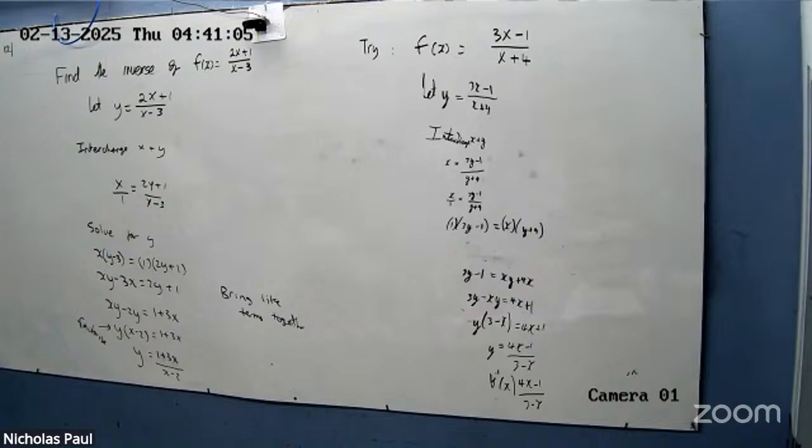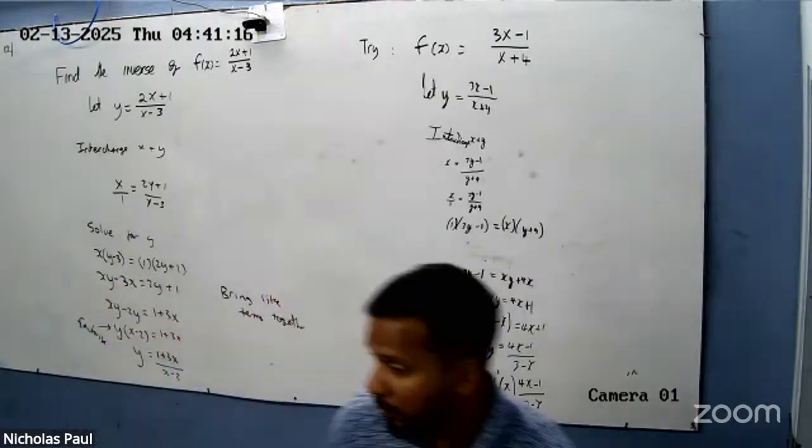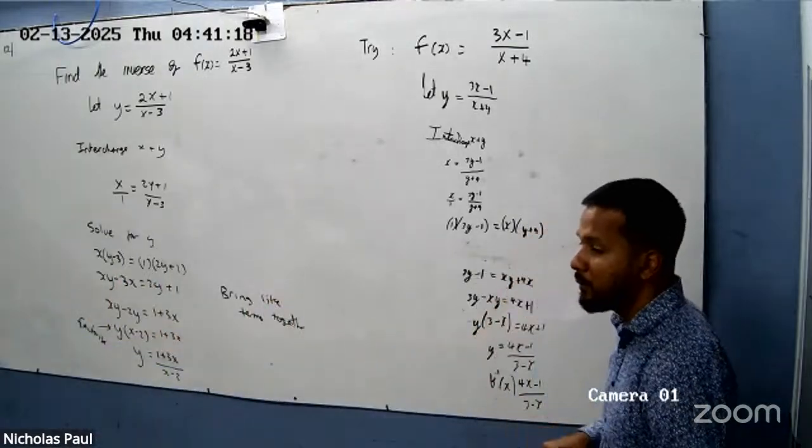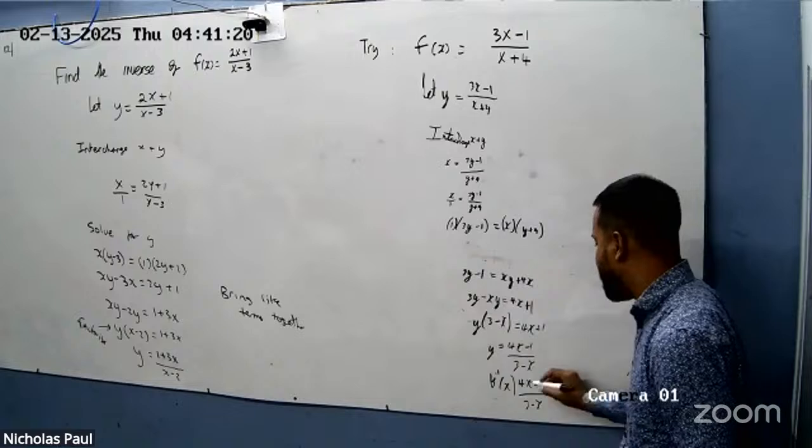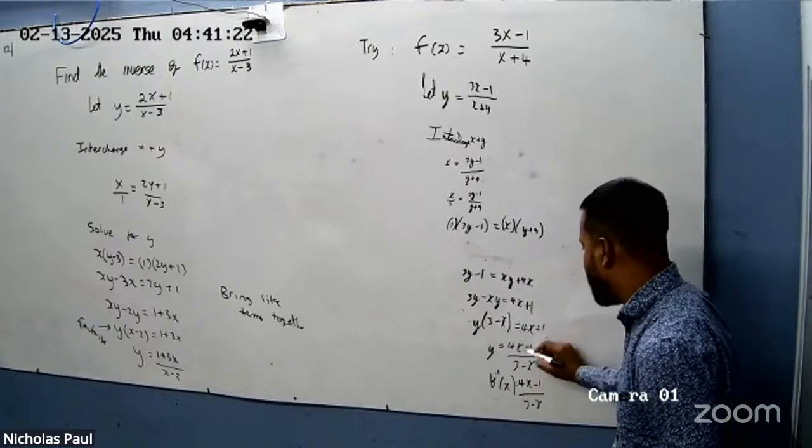It doesn't matter, right? He got 4x minus 8 plus 1. This is plus 1, right?